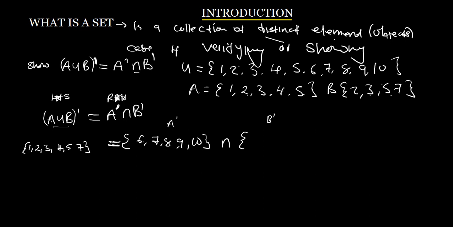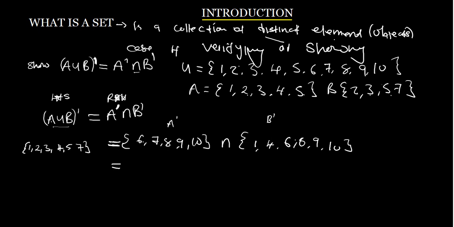Now B is 2 3 4 5 6, meaning those things that are not found in B will be what? 1 is not found in B, the other thing is 4 is not found in B, 6 is not found in B, 8 is not found in B, and 9 including 10 is not found in B. Okay, so we are intersecting these. So for this one, remember this was the complement. All right, so A union B complement is this.